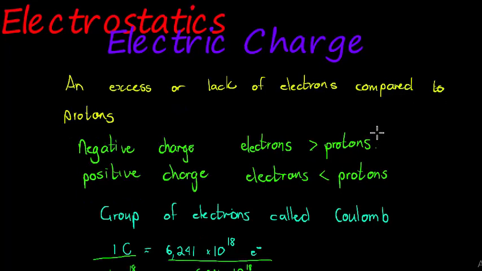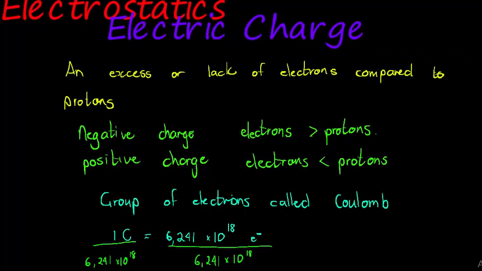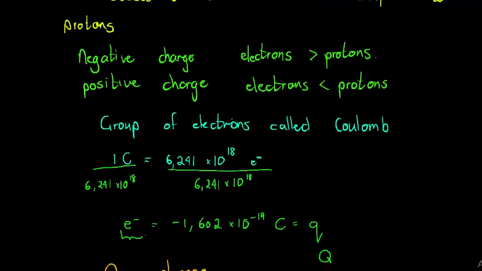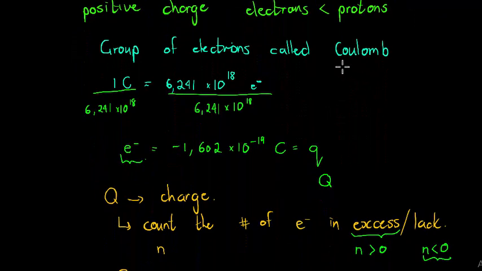An electric charge is when I have electrons in excess compared to protons, or in lack compared to the protons. A group of electrons called a Coulomb: 6.241 times 10 to the power of 18 electrons make up 1 Coulomb. So if I divide both sides here, that gives me the constant Q, which is the charge in coulombs of one electron, which is negative, because electrons have negative charge: 1.602 times 10 to the power of -19.